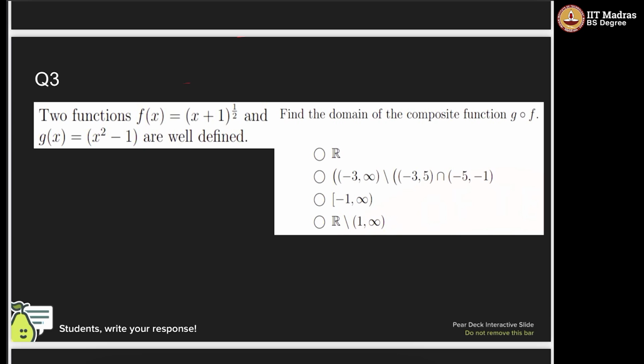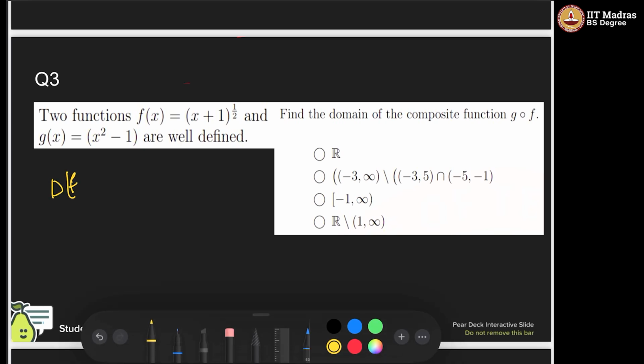What is the domain of f? Domain of f is basically x such that x plus 1 is greater than or equal to 0, right? Because here we have the exponent as half, so we need this number to be greater than or equal to 0. It implies that x is greater than or equal to minus 1. That means minus 1 to infinity is the domain of f.